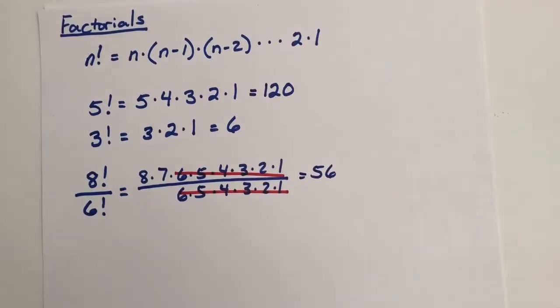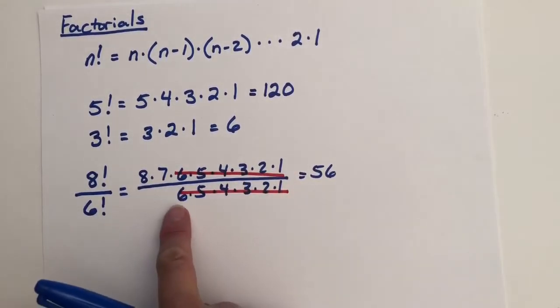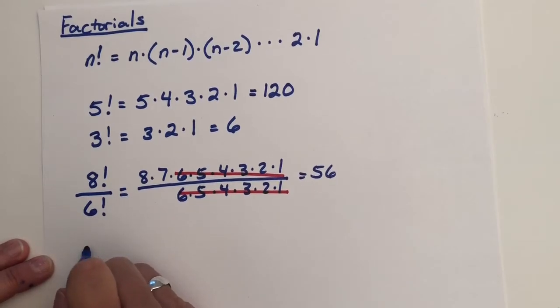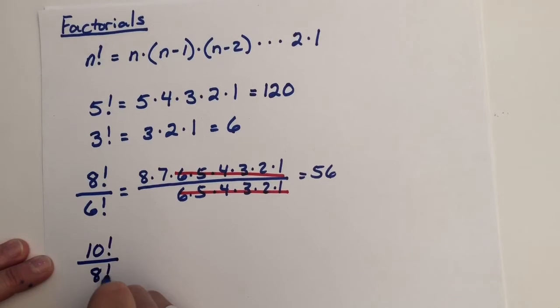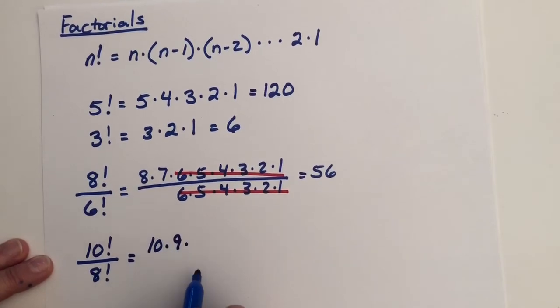And of course, if the numbers were larger, maybe you wouldn't choose to multiply or show all of this. For example, maybe if we saw 10 factorial divided by 8 factorial, we would think of this as 10 times 9 times, well, now we have 8 times 7 times 6 times 5 times 4 times 3 times 2 times 1.